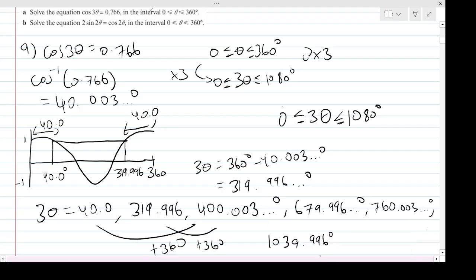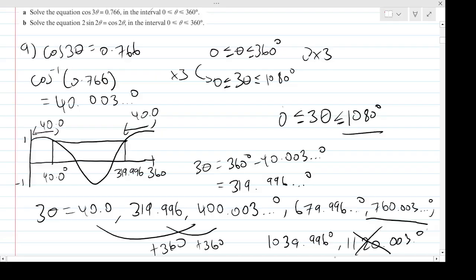And then if we added 360 to this solution, 760.003, we would get 1120.003. Well, actually, this now falls outside the range, doesn't it?